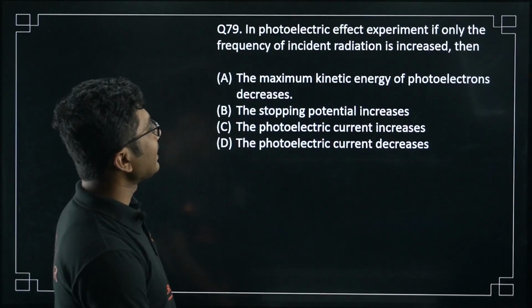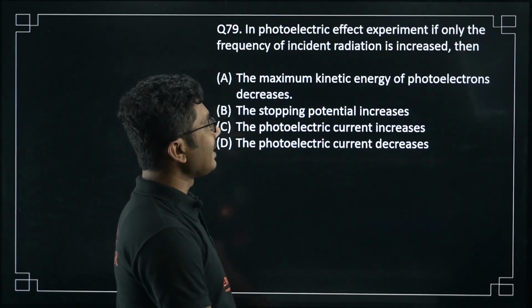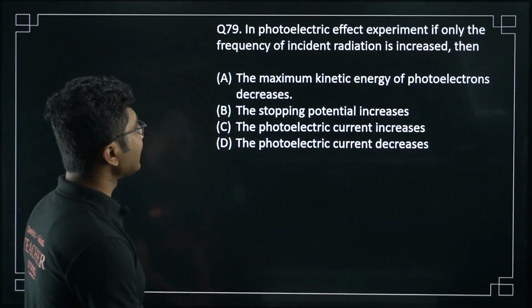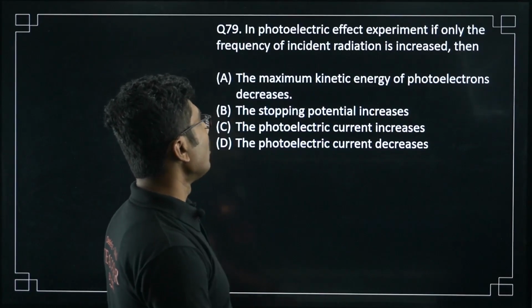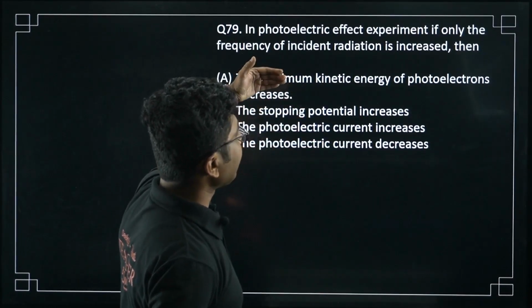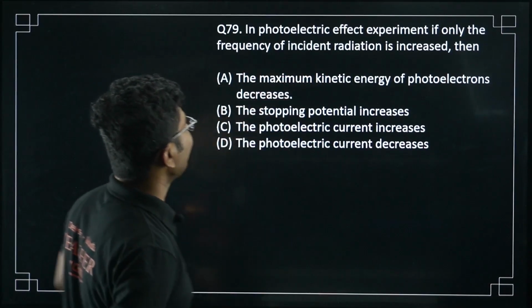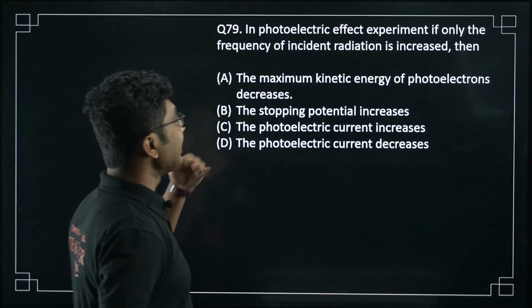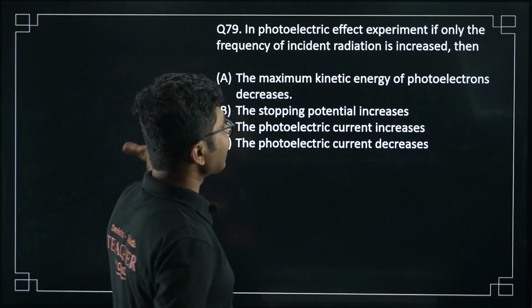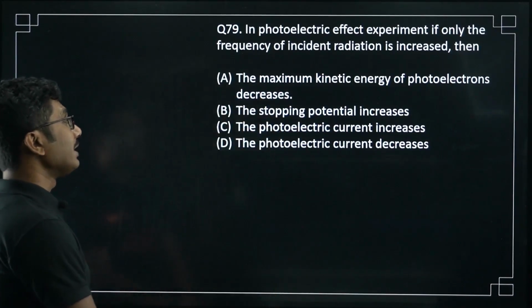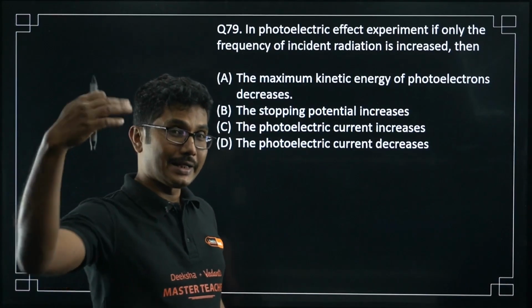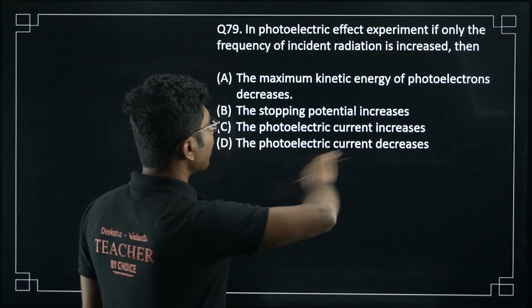In the photoelectric effect experiment, if only the frequency of the incident radiation is increased, then the maximum kinetic energy of the photoelectron decreases? No, the maximum kinetic energy will increase. The stopping potential increases.